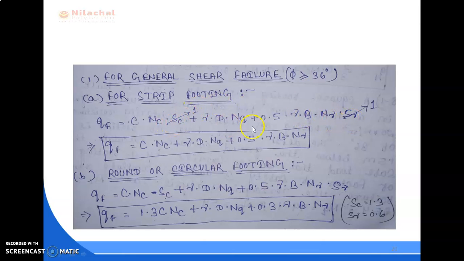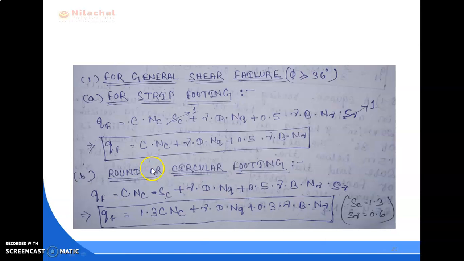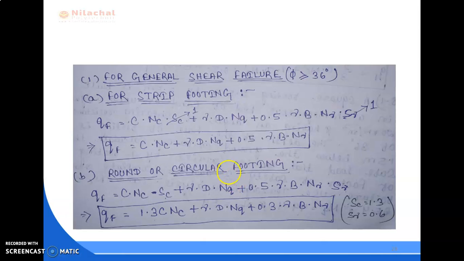We know the Sc and S gamma values, already discussed in the previous slide. First strip footing, so we put the values of Sc and S gamma. After putting, we found qf equal to c Nc plus gamma D Nq plus 0.5 gamma B N gamma. Similarly for round or circular footing, after putting Sc and S gamma values, we found 1.3 c Nc plus gamma D Nq plus 0.3 gamma B N gamma. You have to remember these formulas, or you can also remember the Sc and S gamma values.